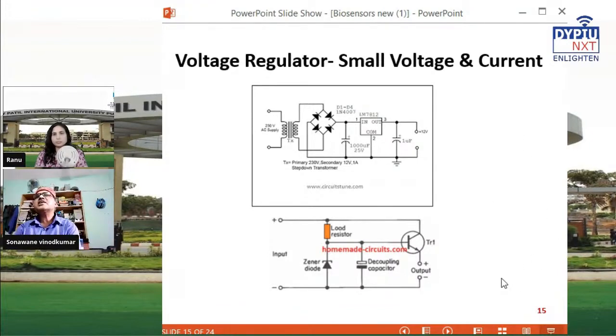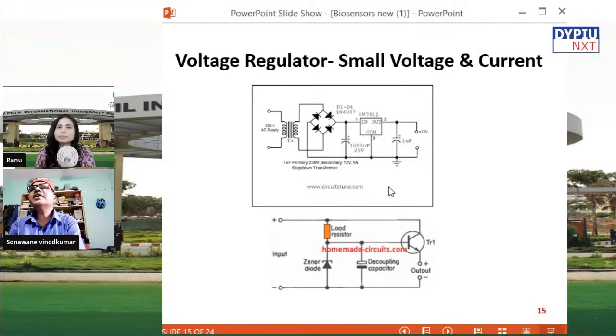So what are the major components of this power supply? There is a transformer. There are some diodes called rectifier diodes. There are some big value capacitors like 1000 microfarad and 25 volt, which act as a filter for AC. And there are some components like IC7812, which is a voltage regulator. It's an integrated circuit.